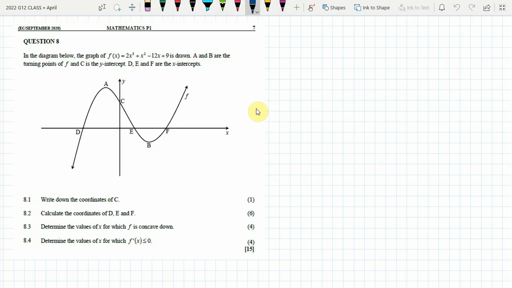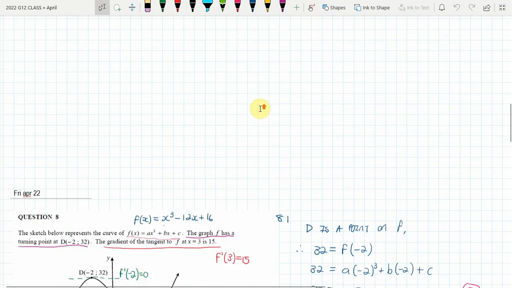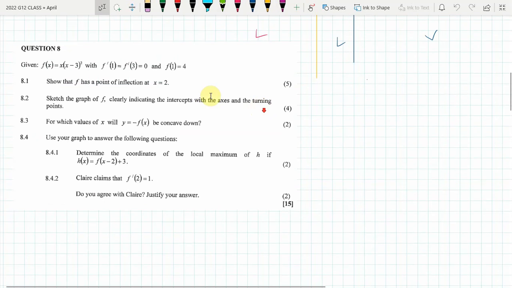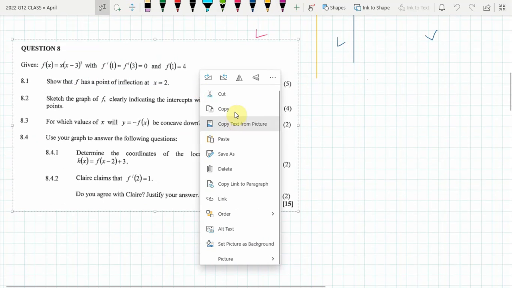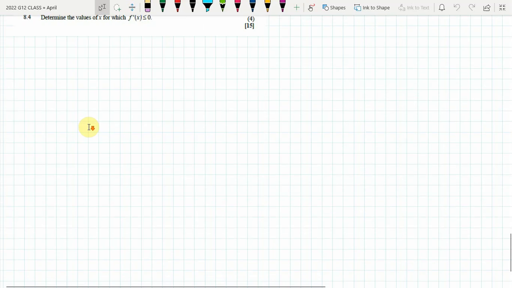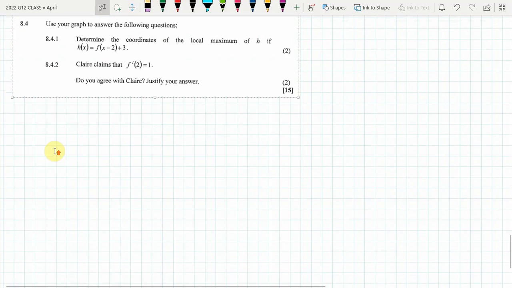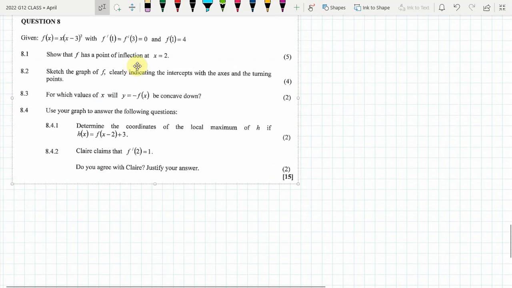Now, I wanted us to draw a graph ourselves. So before we get to that question, I want us to do this one first. In this case, we are not given a sketch.